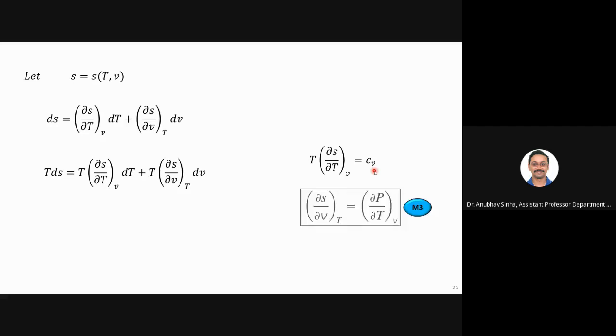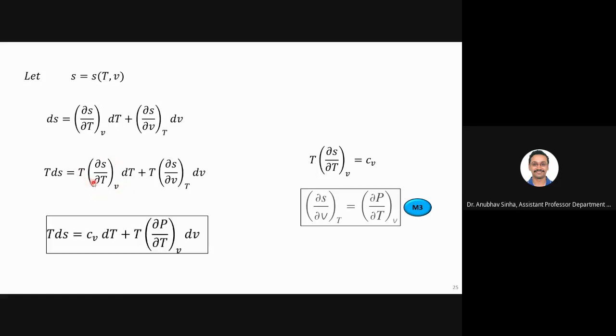From Maxwell's third relation, we have (∂S/∂V) at constant temperature equal to (∂P/∂T) at constant volume. So for the first term I replace it with Cv, and for the second term, instead of writing ∂s/∂v, I write ∂p/∂T using Maxwell's third relation.